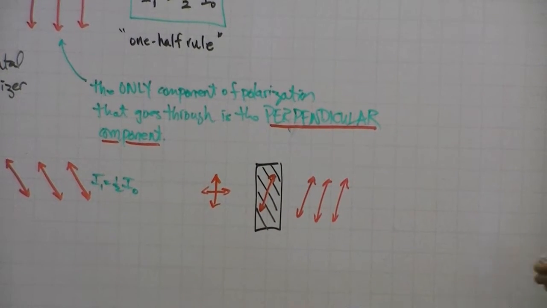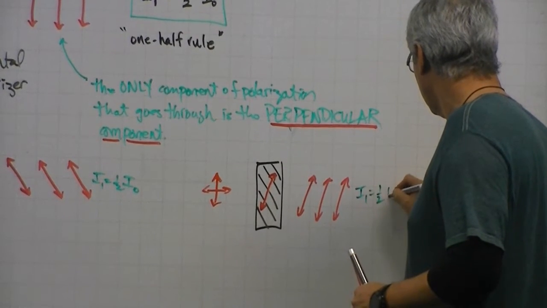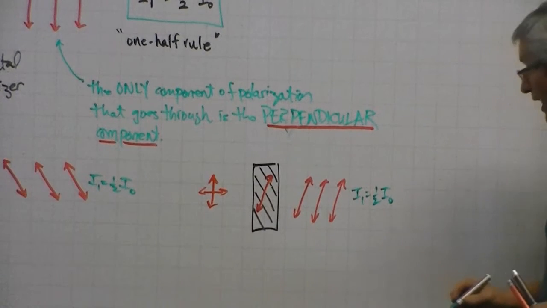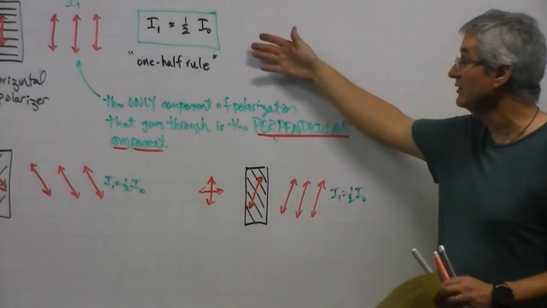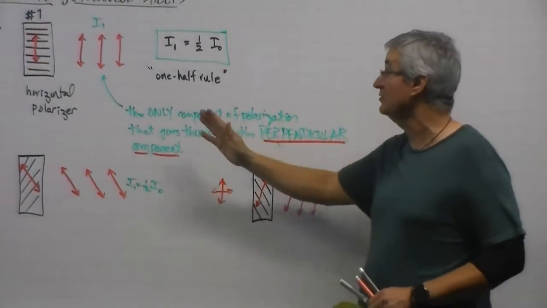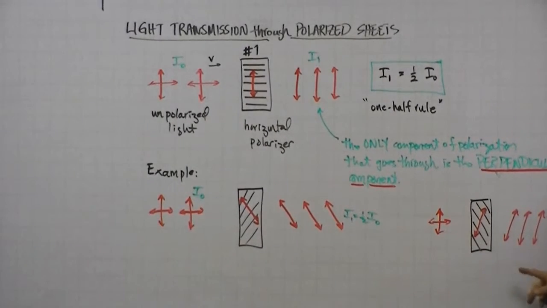So this intensity would also be I naught equal to 1/2 I initial here. So once again, the 1/2 rule not only applies to the horizontal and vertical ones, it also applies to these directional ones.